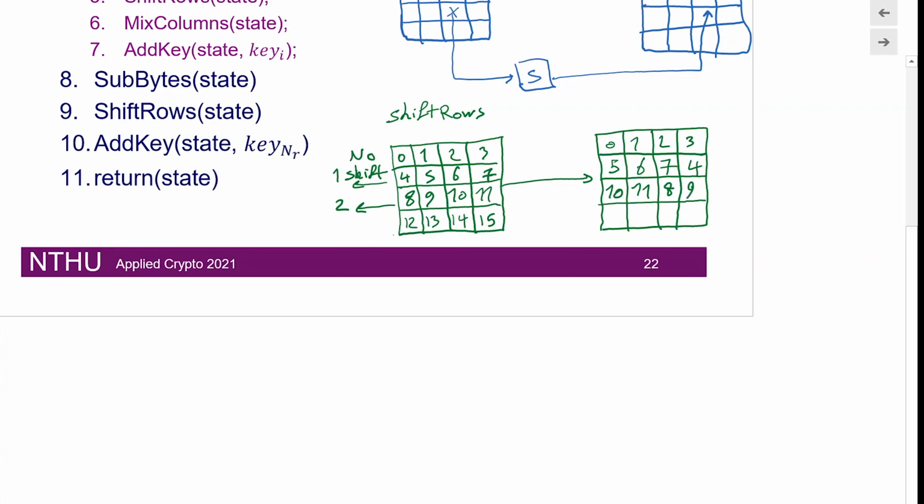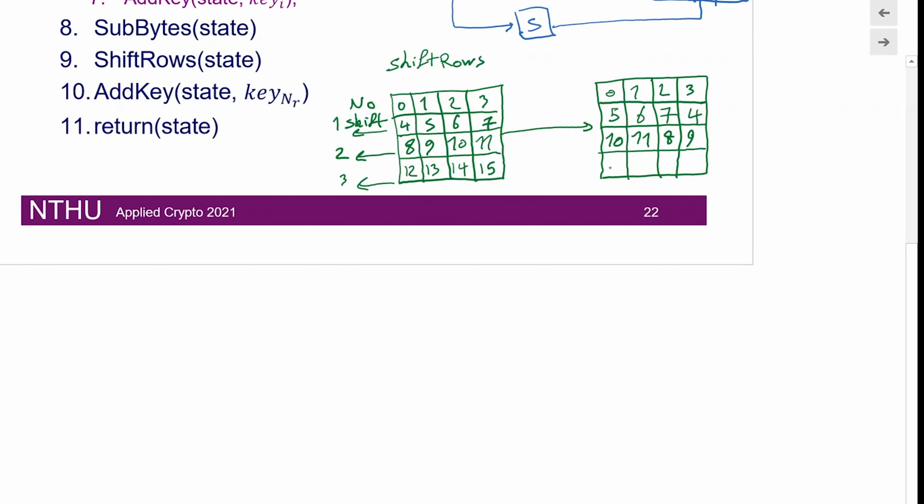And for the last row I do 3 shifts, and after that I get 15, 12, 13, and 14. So this is how shift rows would work.